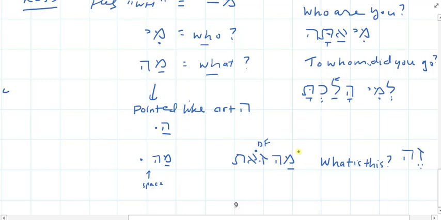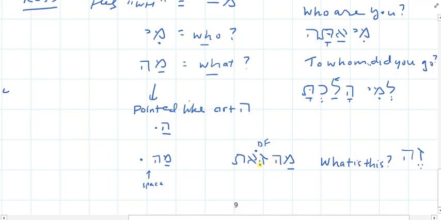Is that hey a real hey? No. A hey at the end of the word without a dot in it is a mater, isn't it? It is a fake hey. It is not real. It is a vowel marking hey.